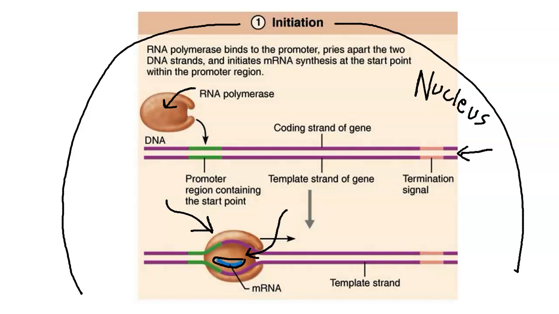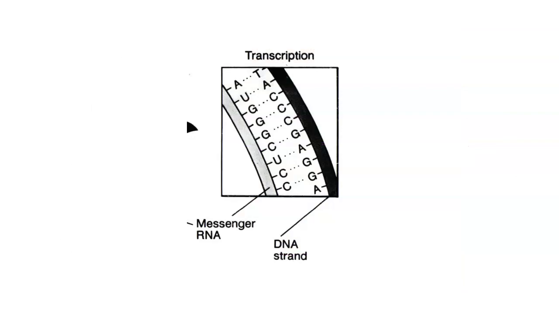constructing a strand of messenger RNA that's complementary to one of the strands of DNA. And when it does this, it's going to use the base pairing rules that we're familiar with. So here I can see they're zeroing in on the DNA template. In other words, that's the DNA in the nucleus, and then the RNA polymerase comes in and starts building messenger RNA.